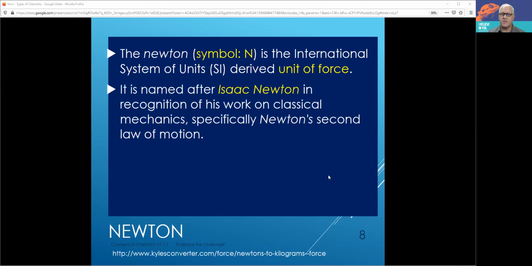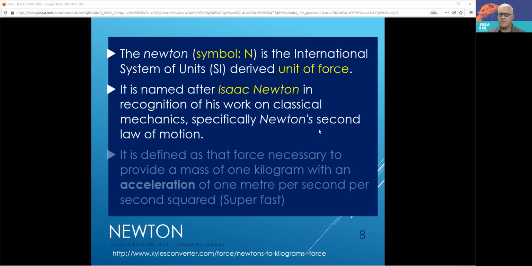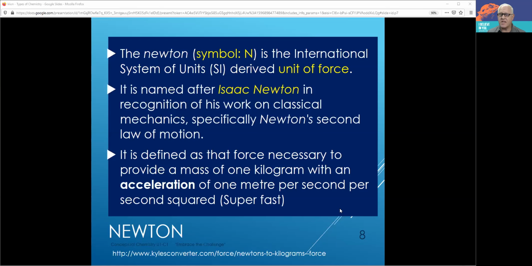It's named after Sir Isaac Newton in recognition of his work on classical mechanics, specifically Newton's second law of motion. It's defined as that force necessary to provide a mass of 1 kilogram with an acceleration of 1 meter per second squared, or super fast.